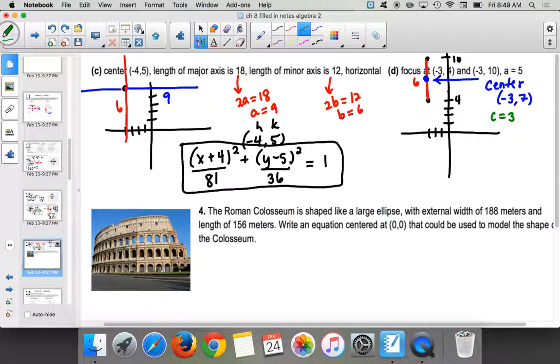So it's 3. And we have a. a was given to us. a is 5. So because of that, we can find b. So we're going to do our c squared equals a squared minus b squared. So I'm going to get 9 equals 25 minus b squared. I wasn't very original. I made like 16 on all of these. All right, so b is going to be 4.